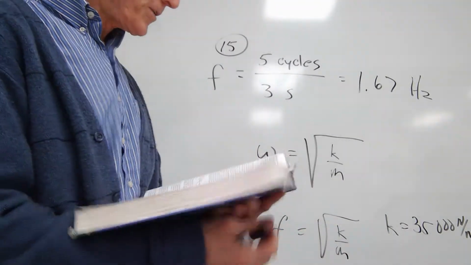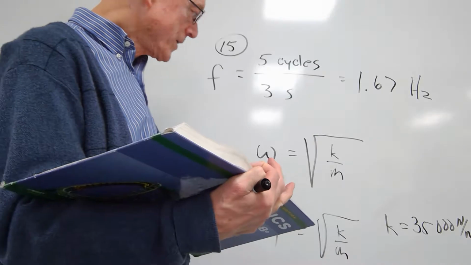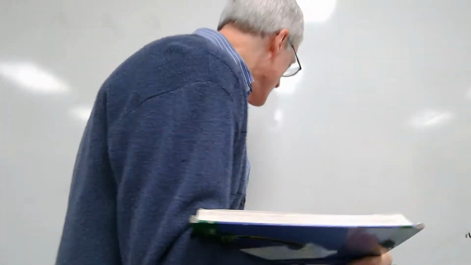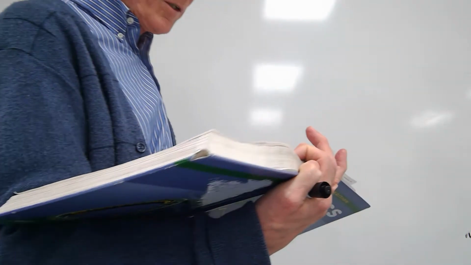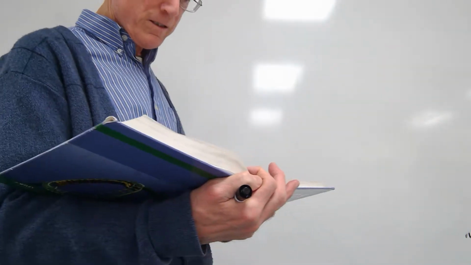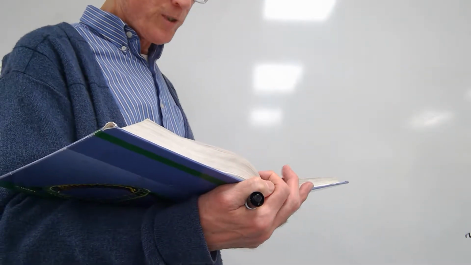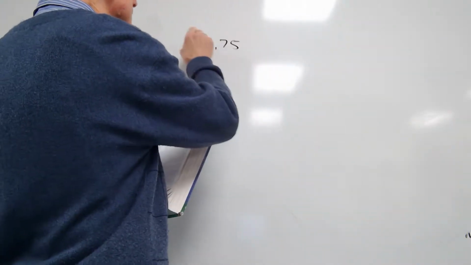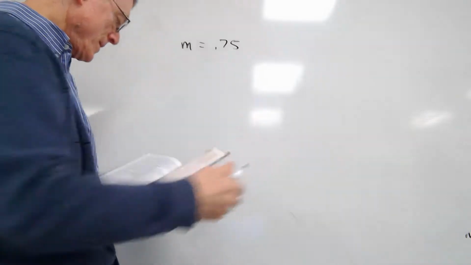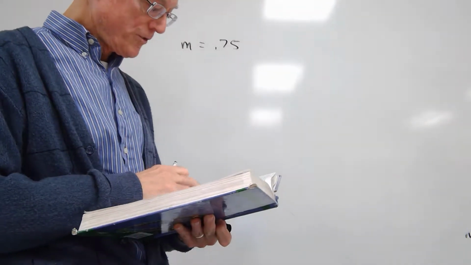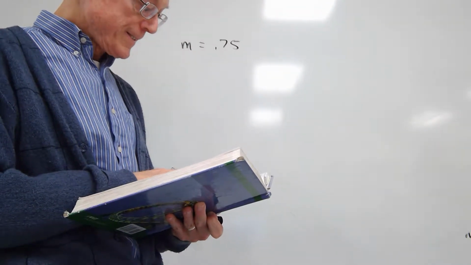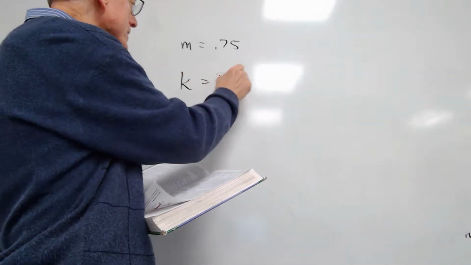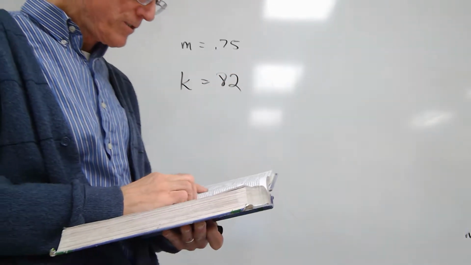Number 17 is next. Let me erase this. It tells me that there's a block of mass 0.75 kilograms. That's the mass. And it tells me the spring constant is 82 newtons per meter.